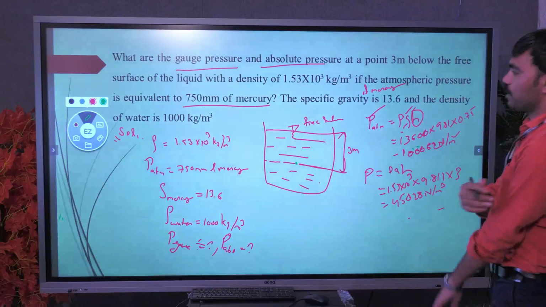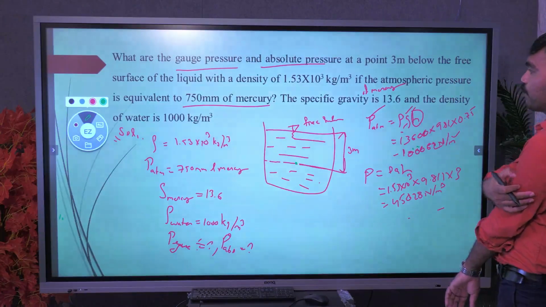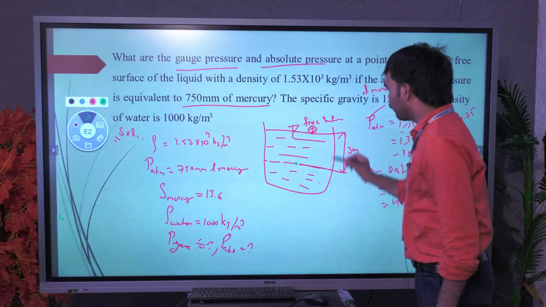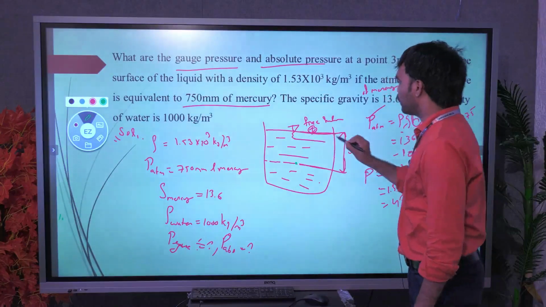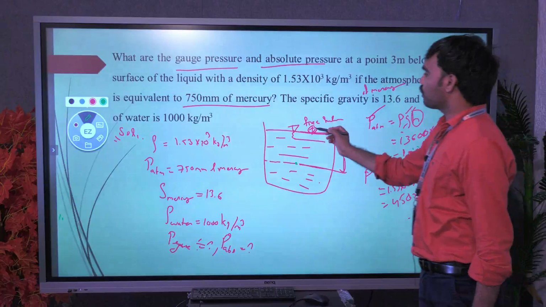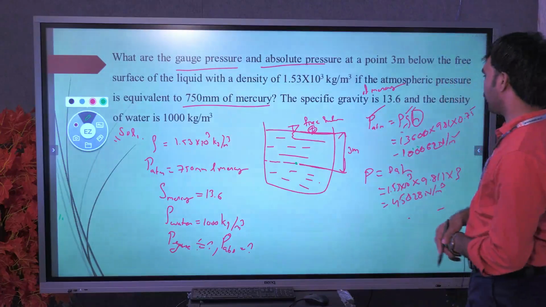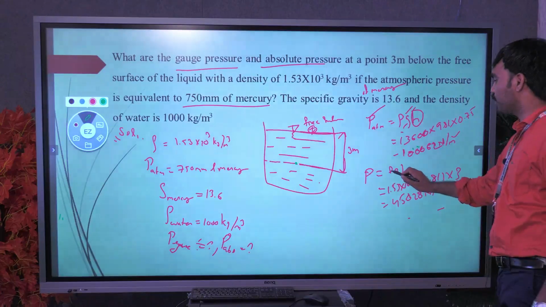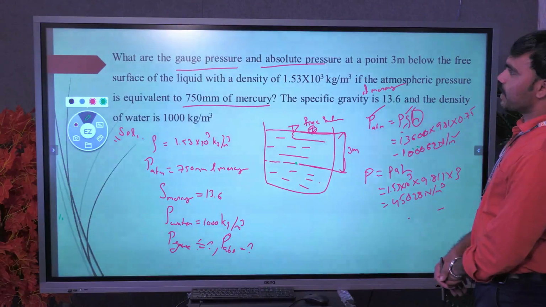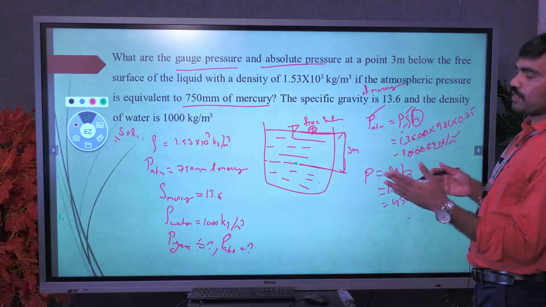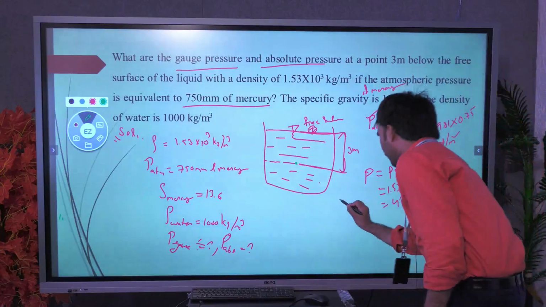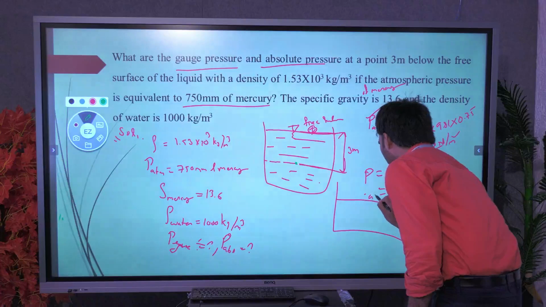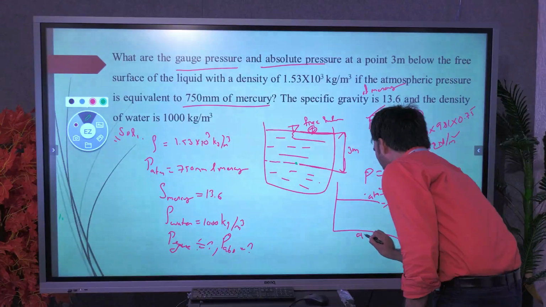So this is the gauge pressure, the pressure measured with reference to atmospheric pressure. Here atmospheric pressure is actually acting, but we measure this pressure with reference to it. The atmospheric pressure here we consider as 0. This is the gauge pressure, that means measured pressure. Then what is absolute pressure? In the earlier diagram we have drawn, this is the atmospheric pressure, this is absolute 0.